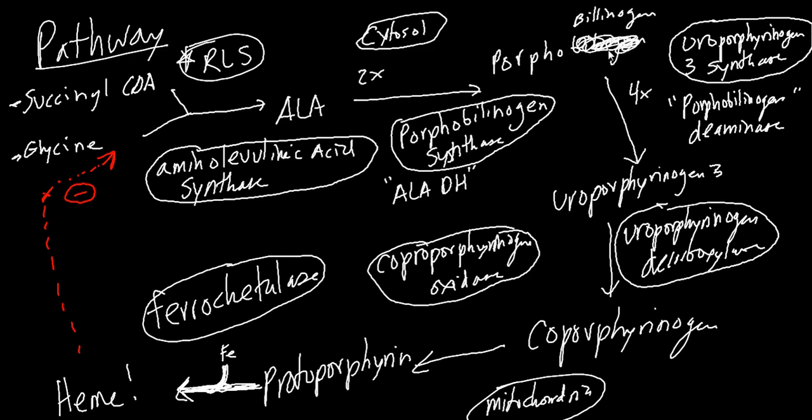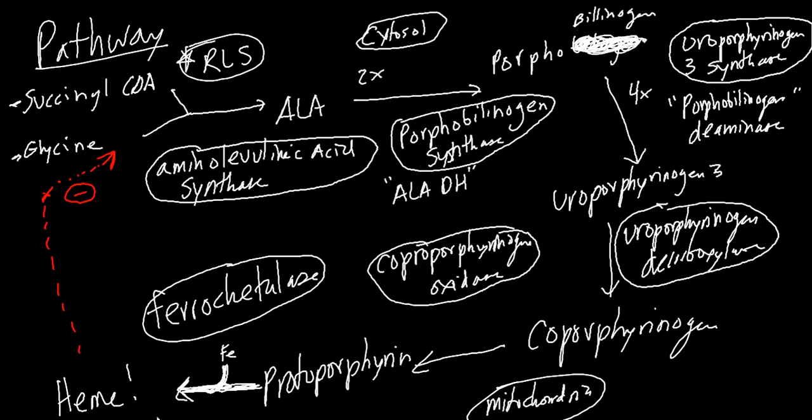Porphobilinogen. My apologies. Good thing I went back over. It forms a molecule of porphobilinogen. Okay, tongue twisted. 4 molecules of porphobilinogen to create a uroporphyrinogen 3. You're going to use some more enzymes to eventually convert it into a heme.